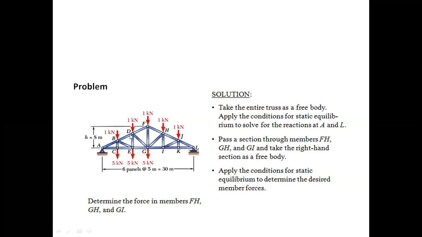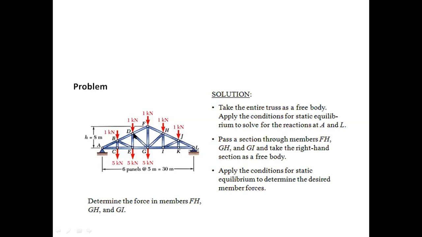So we need to find the forces in a few members, and it is not required to calculate the forces in all members. JK is equal to BC, AC is equal to KL, like that. So if you calculate the forces in the left side members, the right side is a mirror view of the left side.